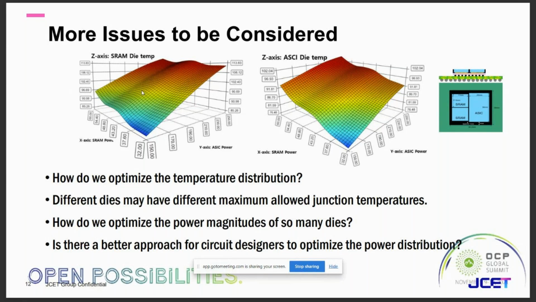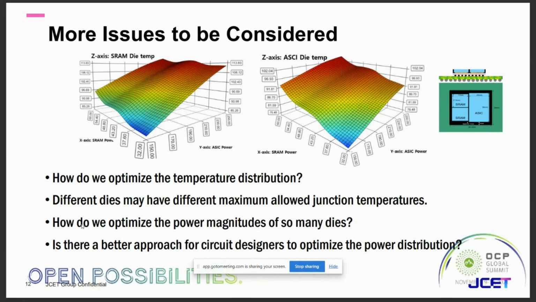This is the first concern, and the second concern is that, based on my understanding, different dies may have different maximum allowed junction temperatures. So if we try to optimize the temperature distribution and the power distribution, this is going to be very difficult.